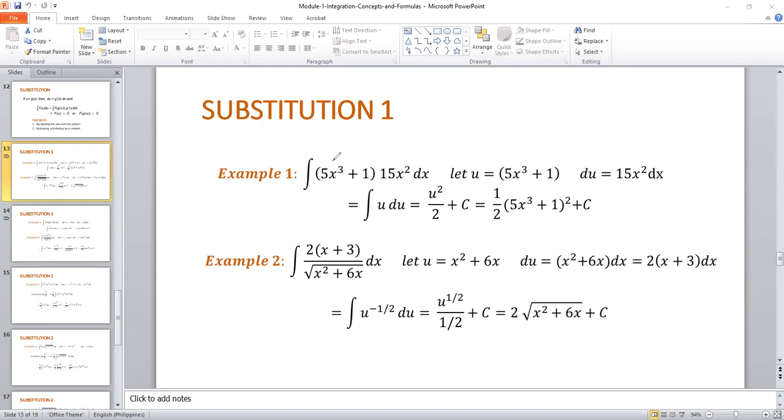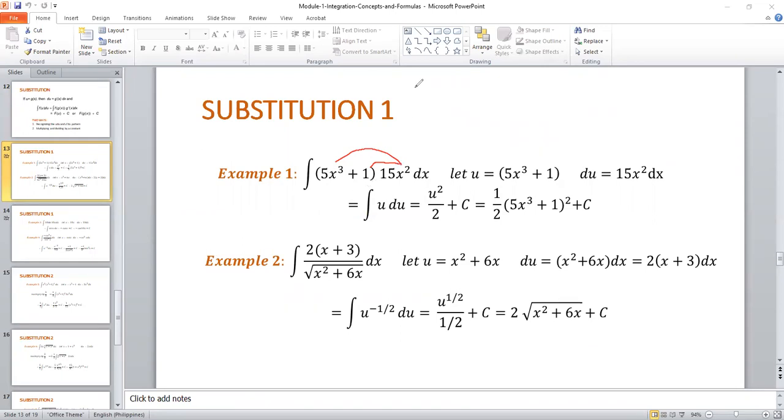You can distribute 15x squared to this. That way, you will have corresponding two terms to process using power rule. So you just multiply 15x squared to this, and you will have 15x squared multiplied to 1. So you will just have to evaluate two integrals using power rule.